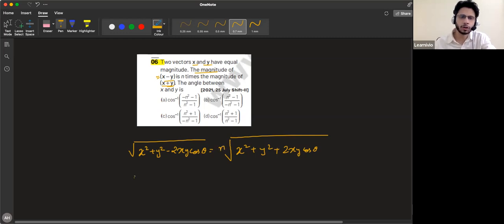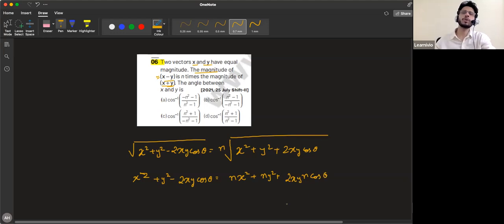Now let's take square on both the sides. So it's x square plus y square minus 2xy cos theta is n square x square plus n square y square plus 2xy n square cos theta.